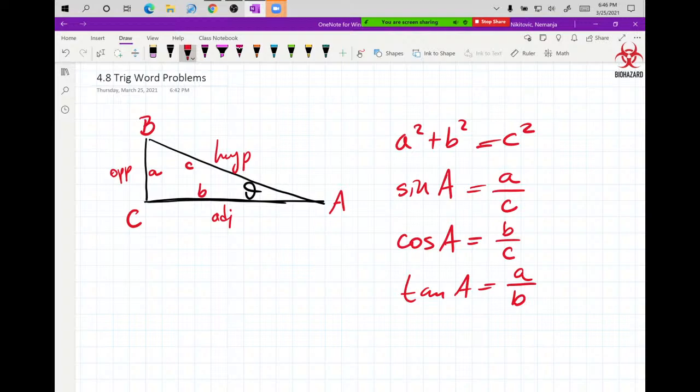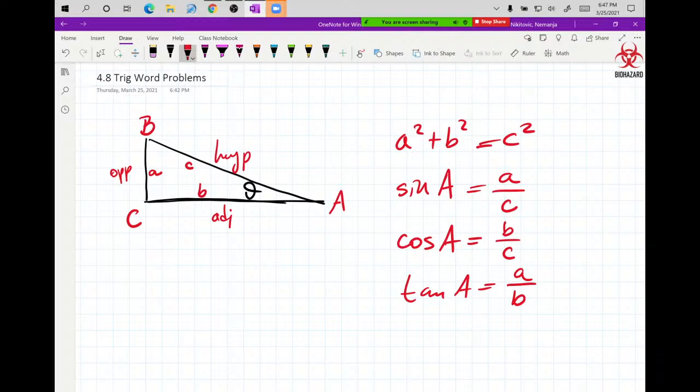So we will have to know secants and cosecants and everything else. But for the purposes of this section, we really don't need secant, cosecant, and cotangent. These three are enough, plus the Pythagorean theorem. And that's really cool.